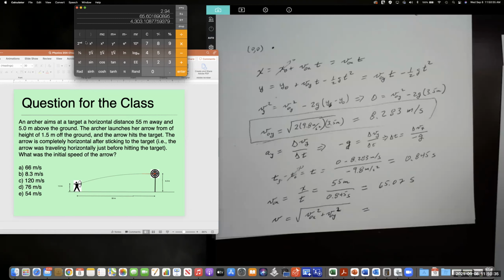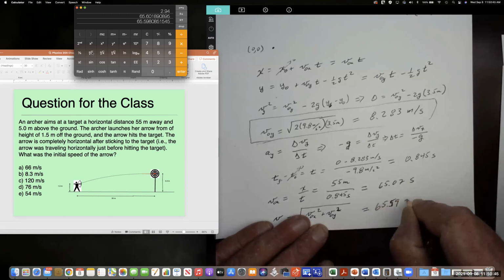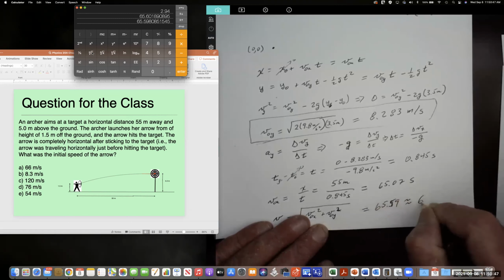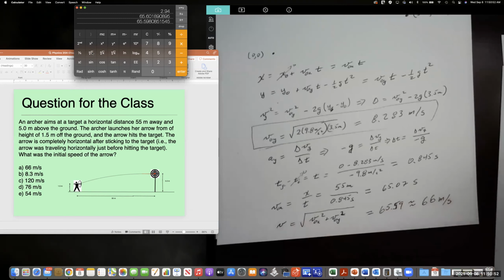Add those two together and take the square root, and I get 65.59, or approximately, with two significant figures, 66 meters per second.